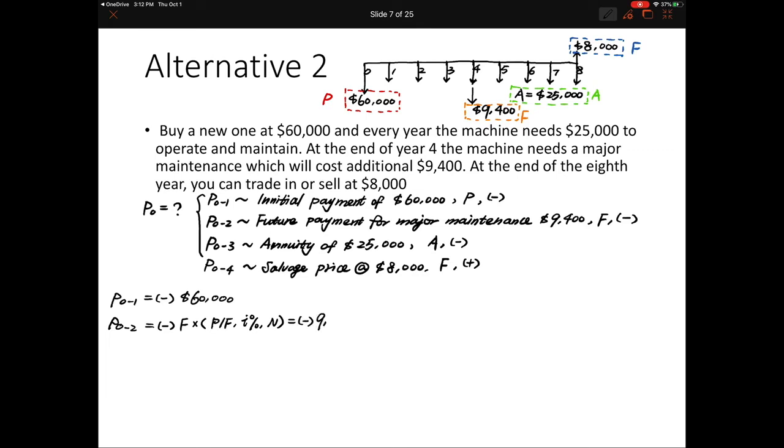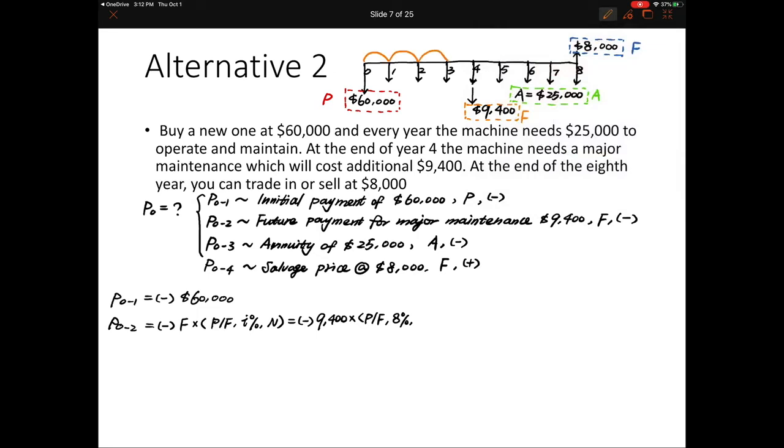And the future value at the end of the 4th year is 9,400. And the factor is P/F. I is 8%. But the number of periods is what? It's not 8, it's 4. Why? Because it's happening at the end of the 4th year. So between the year 0 and the end of the 4th year, there are only 4 periods, 4 years.